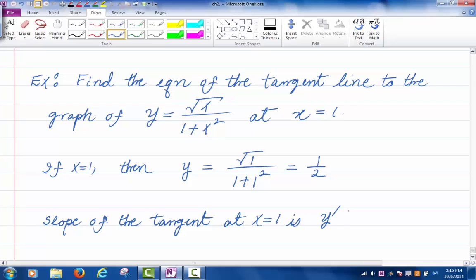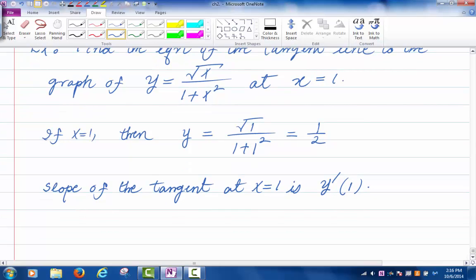The derivative of the function evaluated at 1, right? The slope of the tangent at the point where x is 1 is given by the derivative of the function at 1. So we have to find the derivative at 1, right? So how do I find the derivative at 1? Well, I first of all find the derivative. What's the derivative? Well, we have to apply the quotient rule.